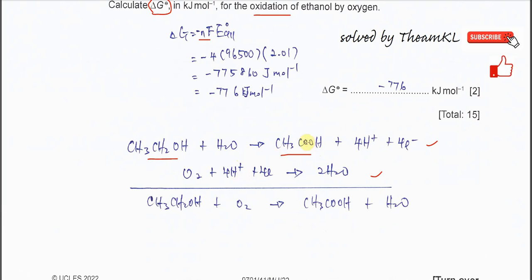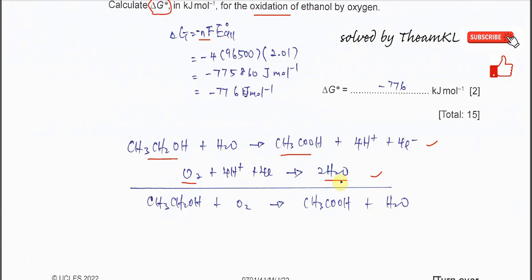Here, it has 2 oxygen. You have to add 1 H2O here to balance oxygen. Then you have to balance the hydrogen. So hydrogen over here is 6, 8. So here also needs to be 8, so plus 4H+. Then balance the charge. Here plus 4 electrons.